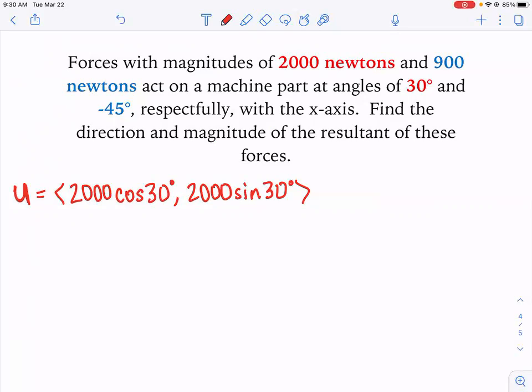All right, so we just talked about the cosine of 60 being 1/2. That means the cosine of 30 is radical 3/2. And the sine of 30 is 1/2.